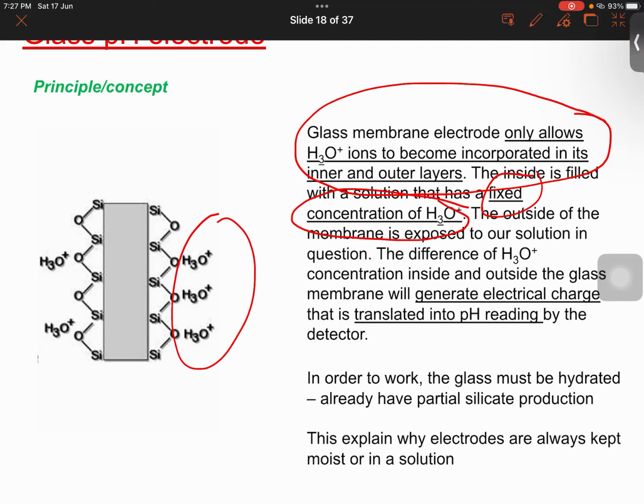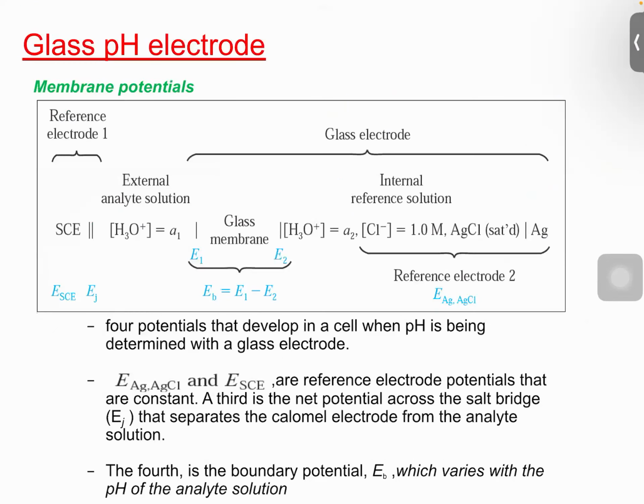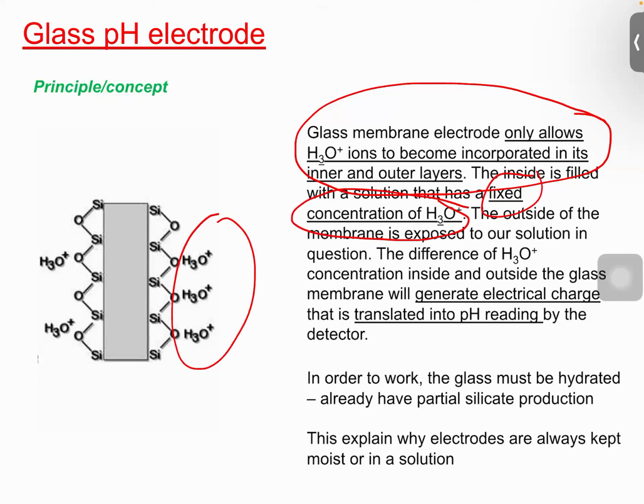Whereas the outside should have the one that we wish to measure, means that it is unknown.